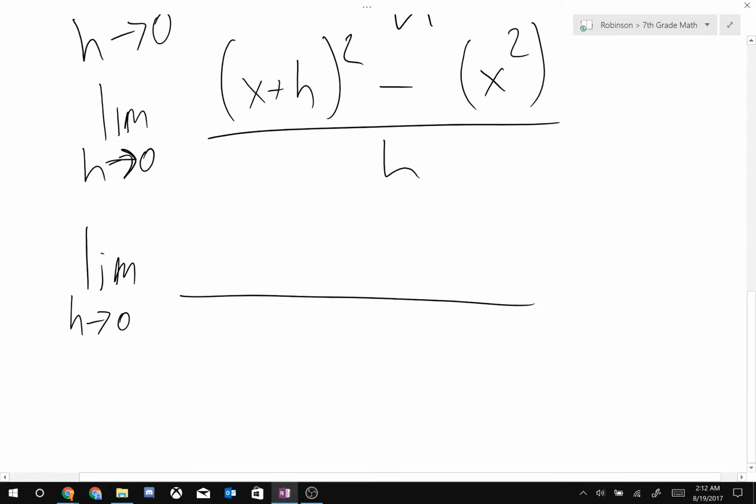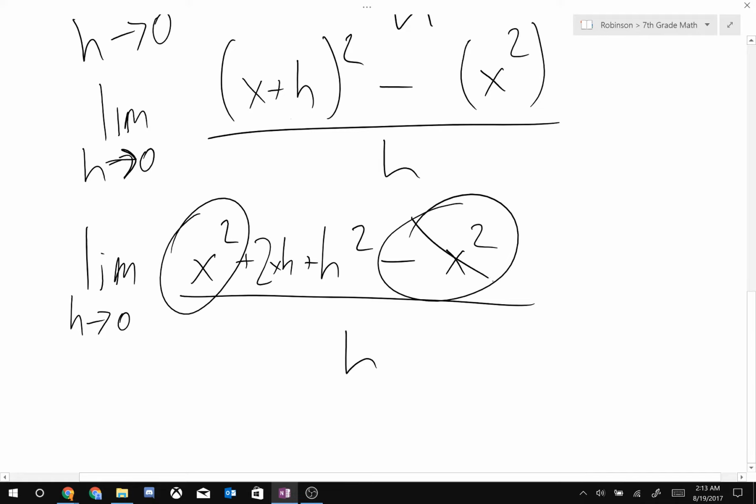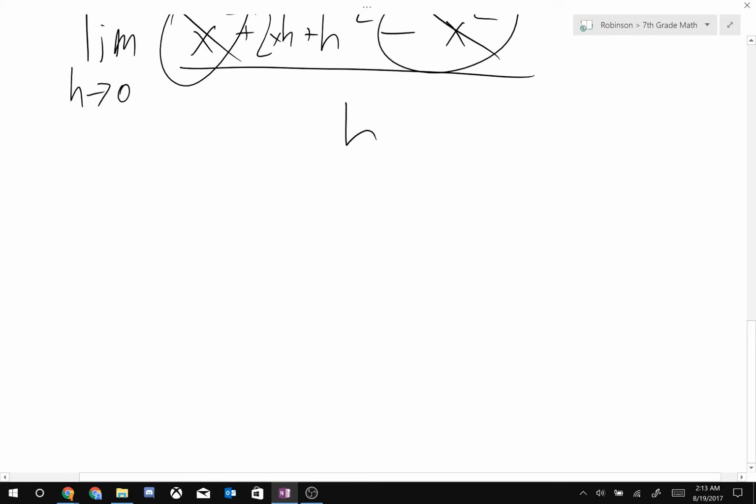We can use our FOIL method, or if you know how to do this, you square the first one, square the last one, and double the product of the two. So 2xh plus h squared minus x squared over h. Notice we have an x squared and a minus x squared. Those will go away.